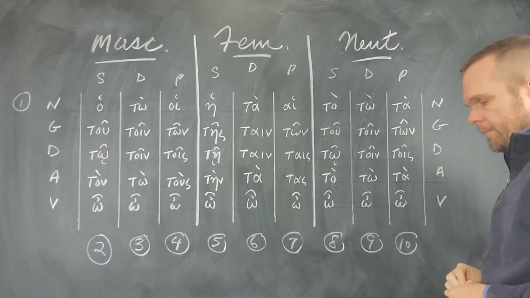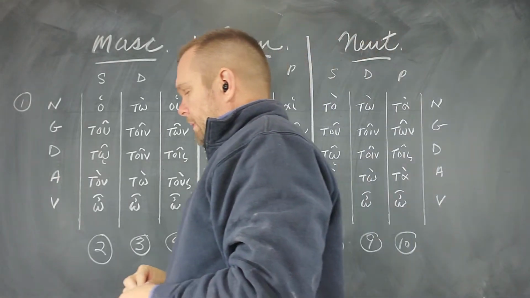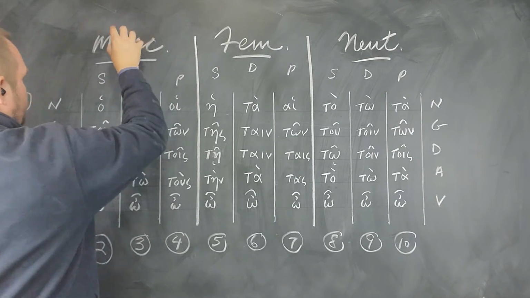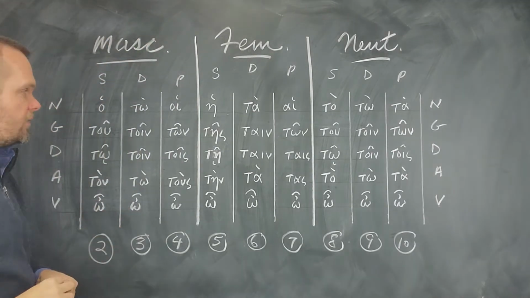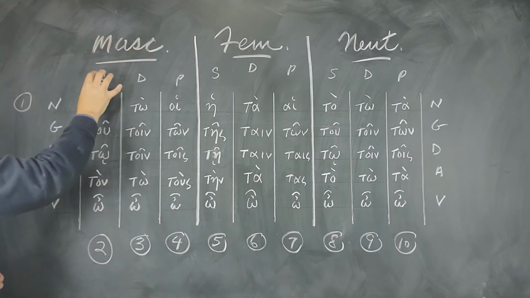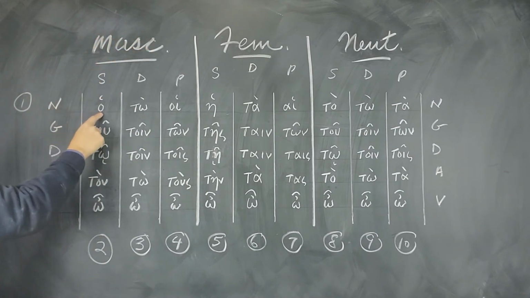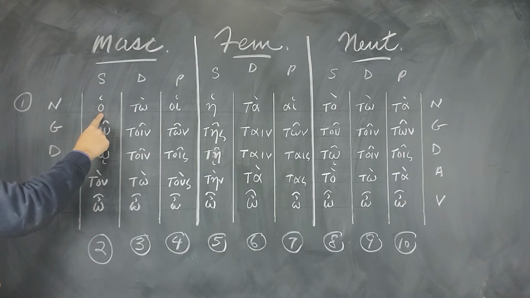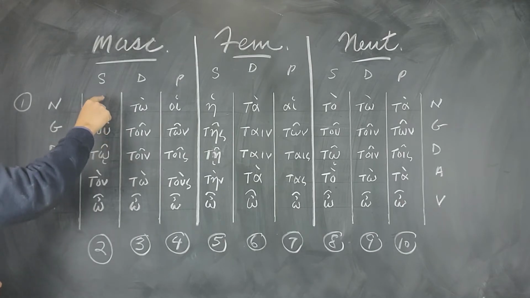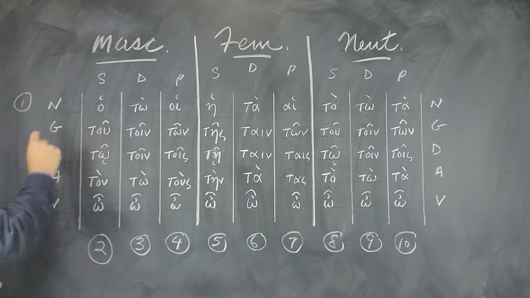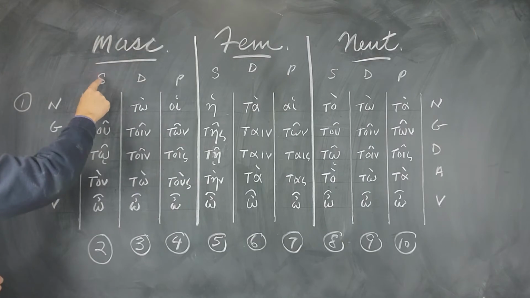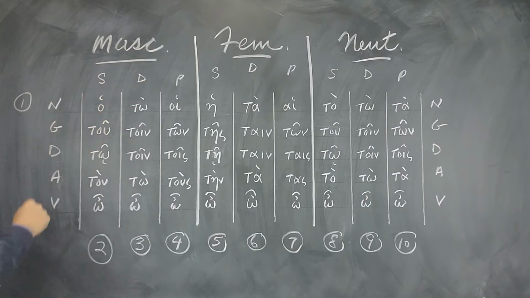That's step 1. So if I were to ask you, what is the masculine singular nominative form of the prepositive article, you would say ho. Okay, it's the omicron with a rough breathing. All right? That's the masculine singular nominative form of the article.